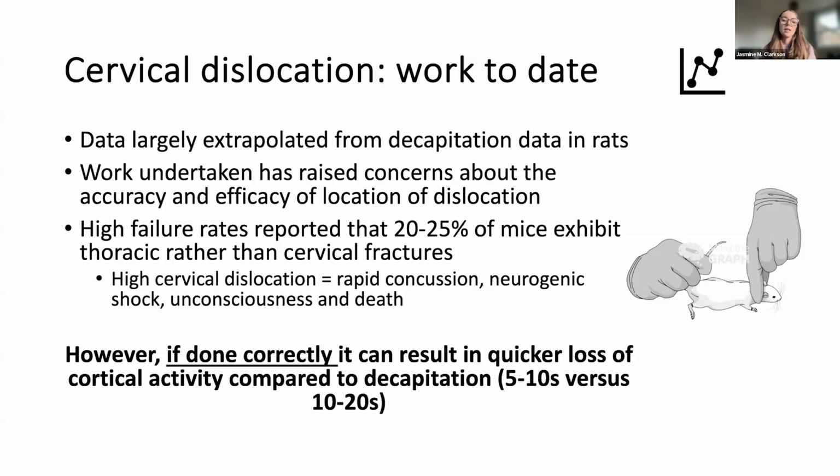Essentially, for an effective dislocation, you want a really high cervical dislocation in order to ensure rapid concussion, neurogenic shock, unconsciousness, and death. However, having said all that, if it is done correctly, it can result in quicker loss of cortical activity and brain death compared to decapitation.